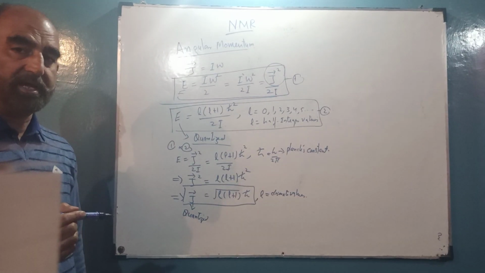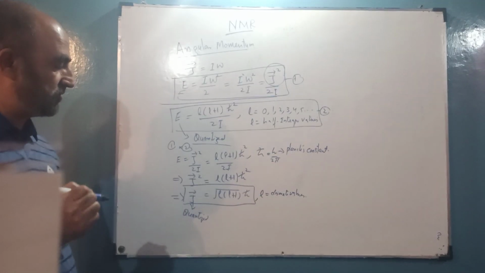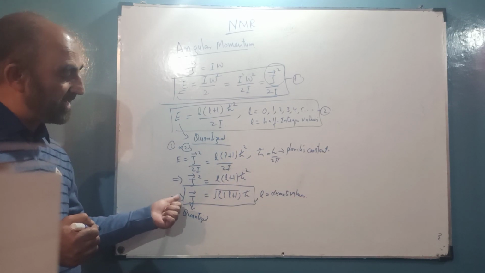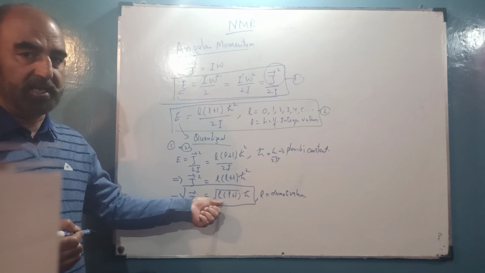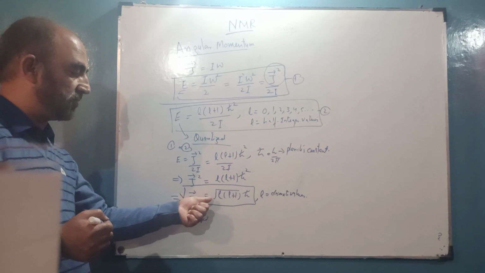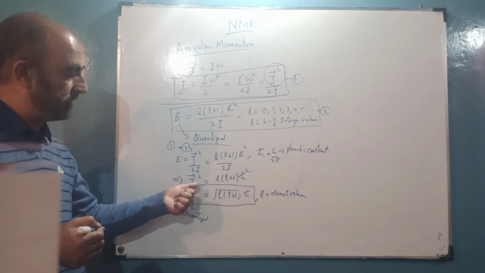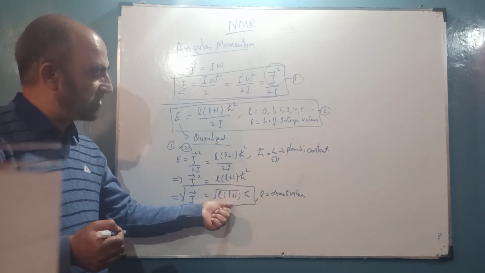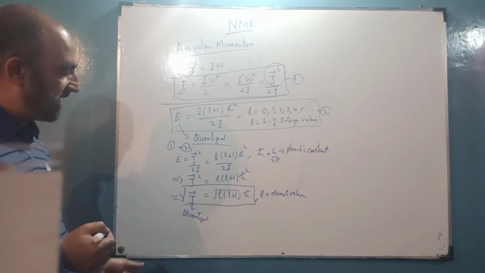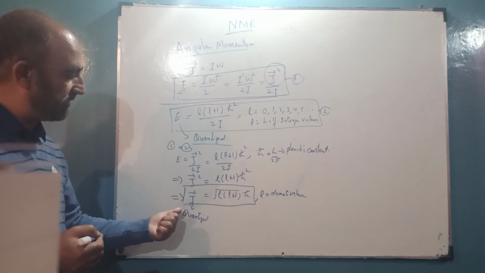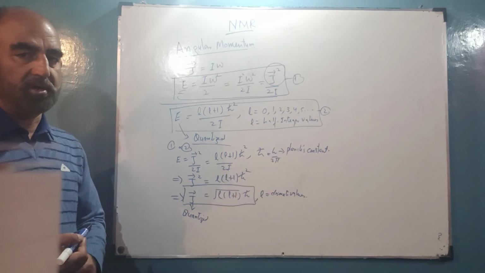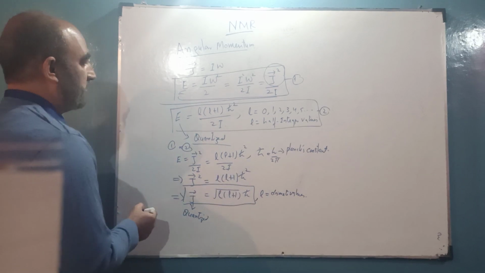It can have only certain discrete magnitudes, and the magnitude of angular momentum depends on the magnitude of L. So for example, if L is equal to 1, then the magnitude of J will be root of 1 into 1 plus 1 h bar. Likewise, if L is 2, we have the magnitude as root of 2 into 2 plus 1 h bar. So this is about the magnitude.